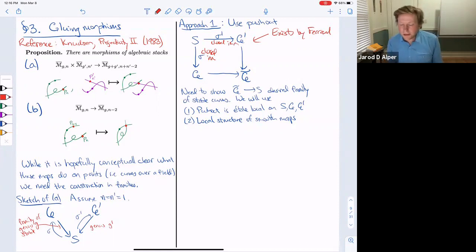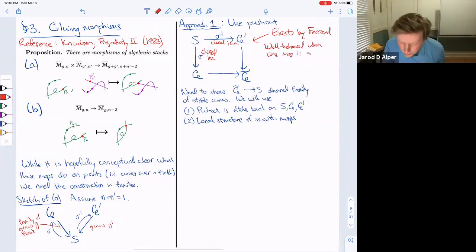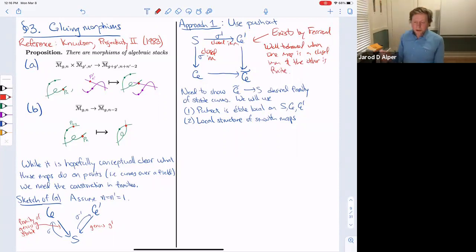So we're going to use the existence of pushouts here, and that they're well behaved. More generally, they exist and their properties are well behaved when one map is a closed immersion and the other is finite. But in this case, they're both closed immersions, and so we can take the pushout.